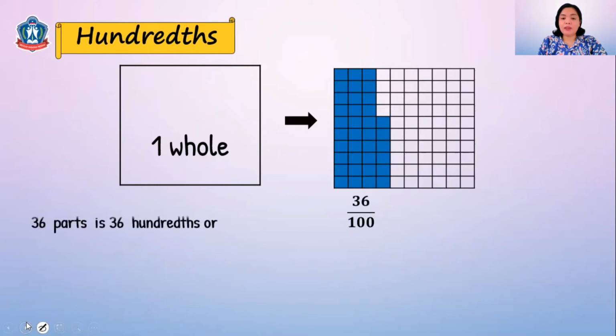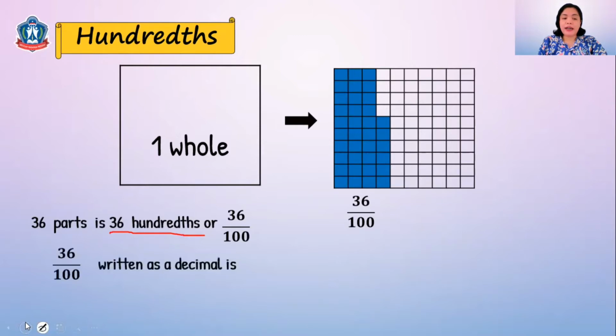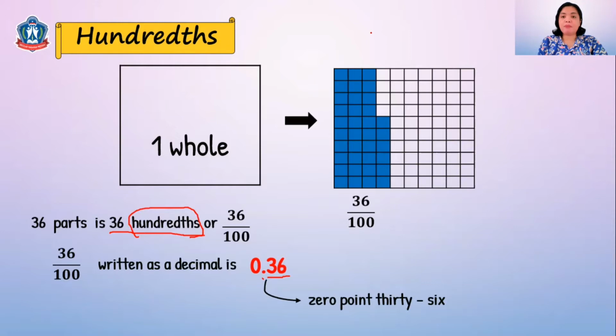So 36 out of 100, we say that is 36 hundredths, or 36 over 100. And how to write 36 hundredths in decimals? So this is how to write that. 0.36. Again, 0.36. If that is already hundredths, children, there are already 2 decimal places from the decimal point. So again, P5, that's how tenths and hundredths are written as decimals.